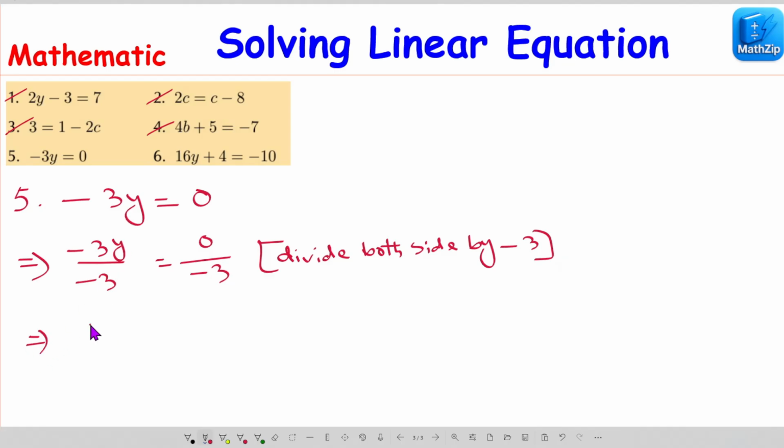So here is only y and equals 0. The property of 0, we know once we divide 0 by any number, the result will be 0. So this is our answer, which is 0. Number 6 and today's last question.